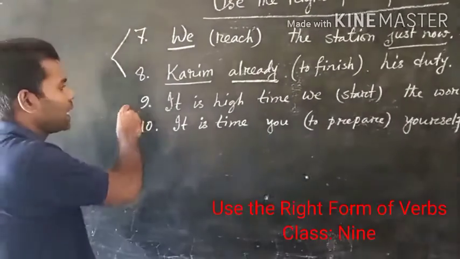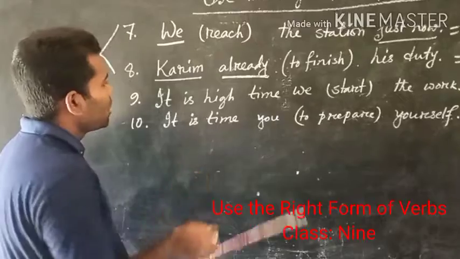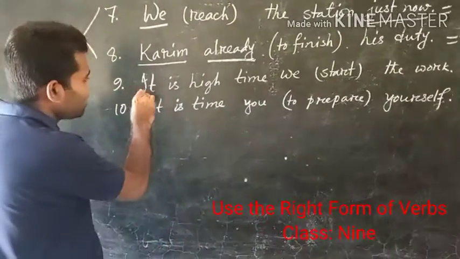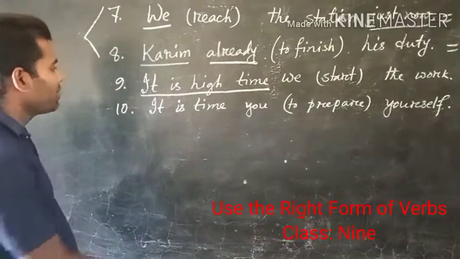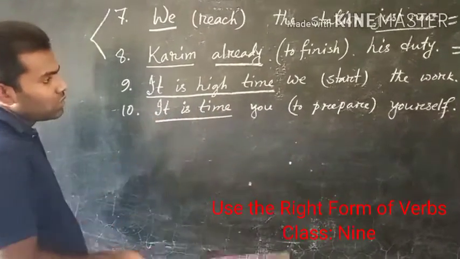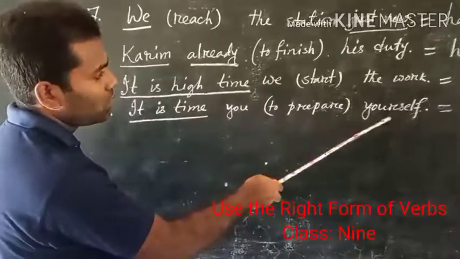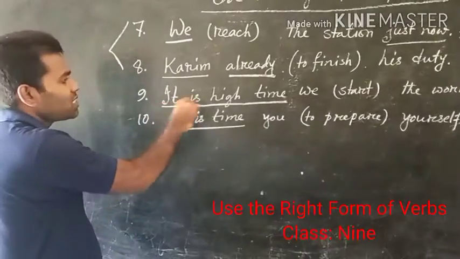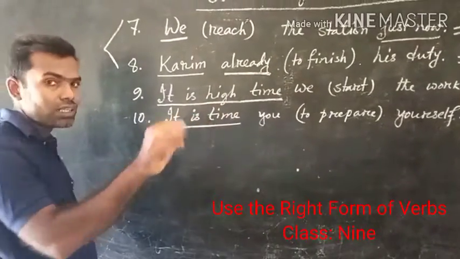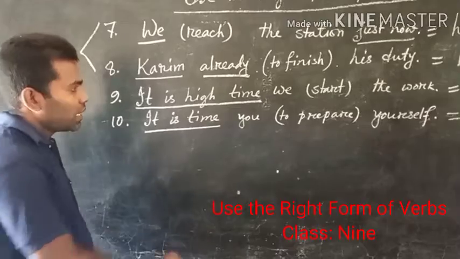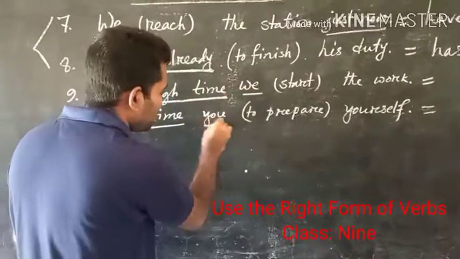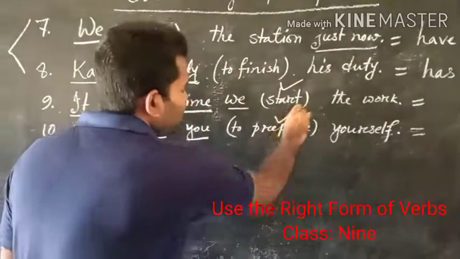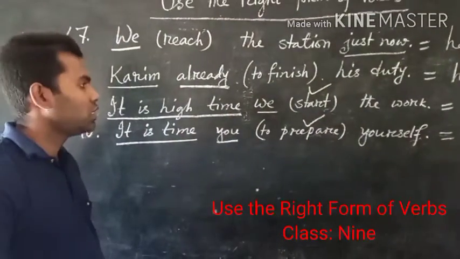In number 9, it is high time we start the work. Here, it is high time. In number 10, it is time you to prepare yourself. If there is it is time or high time in a sentence and a subject, we have to use the verb in past indefinite tense.